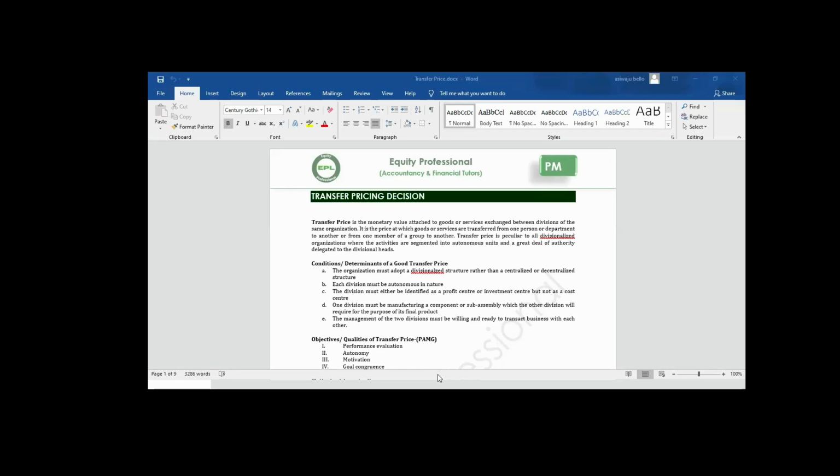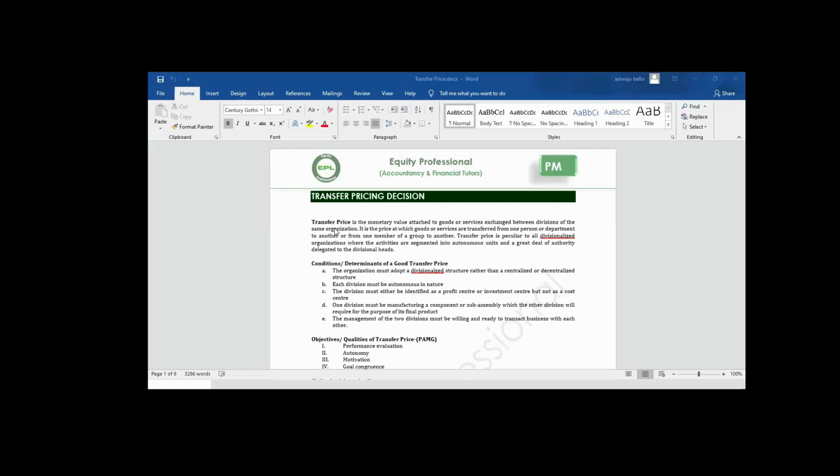A quick stock taking of what we have done so far. The topics we have treated so far, about 6 topics by my count. We have treated cost estimation, price theory, life cycle costing, target costing, theory of constraints and throughput accounting.